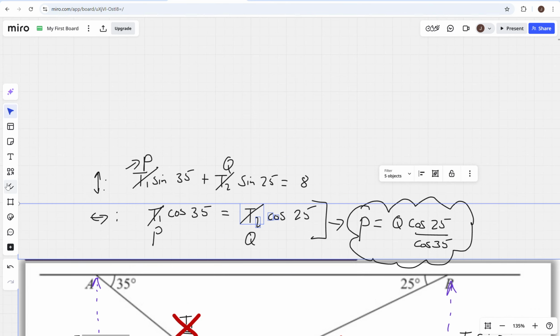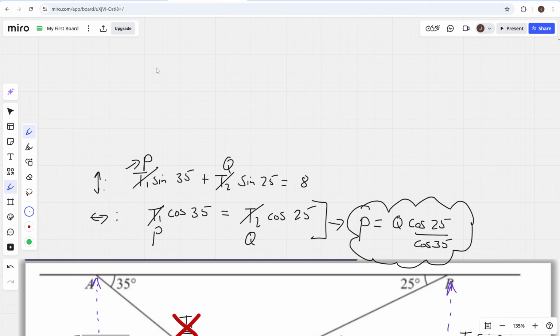Let's have a look. To get to something like the following. So subbing this in would be now Q cos 25 over cos 35 sine 35 plus Q sine 25 equals 8. So everything is now in terms of Q.